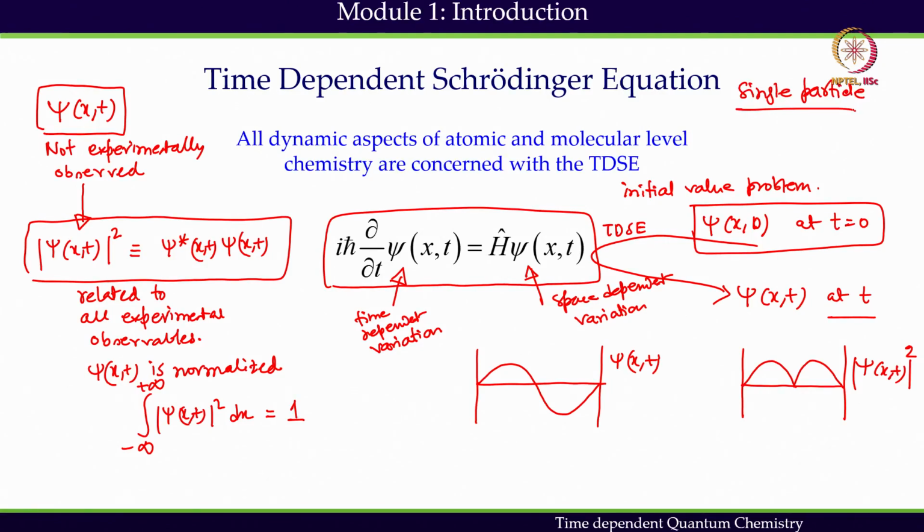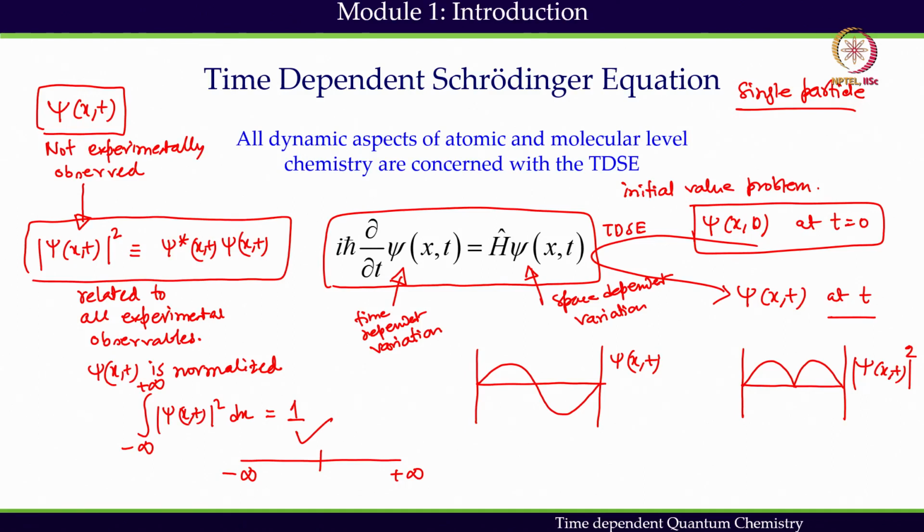Because we are dealing with a single particle, the total probability in the entire space, here it is x space, so minus infinity to plus infinity, is going to be always 1.